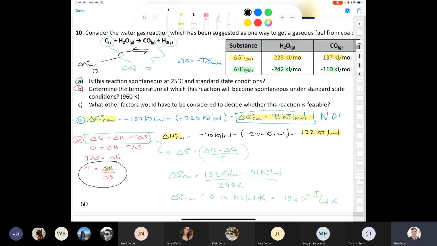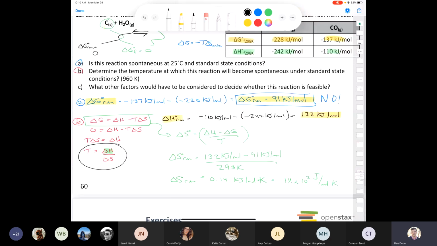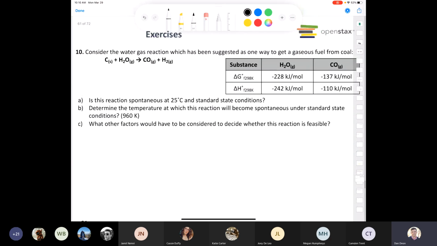So with that in mind, let's plug in some numbers. I'm going to need some more room over here, so I gave myself some extra room. So we have T equal to delta H over delta S. And again, we had to solve for the delta S using both of these values.